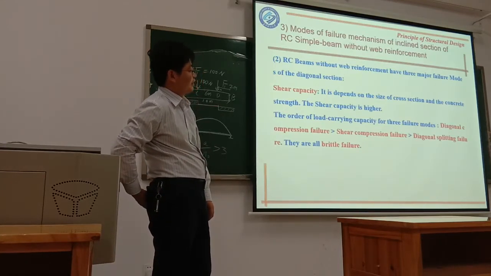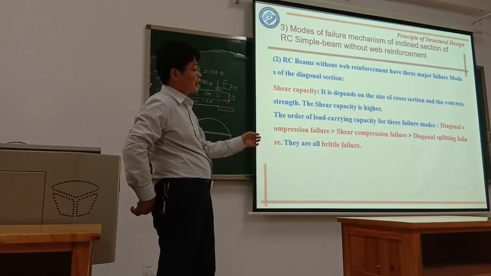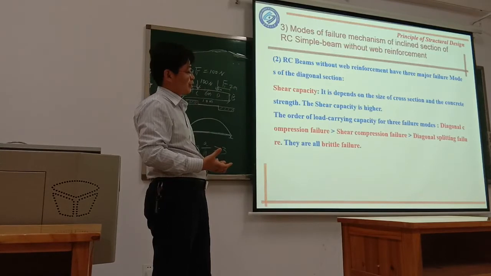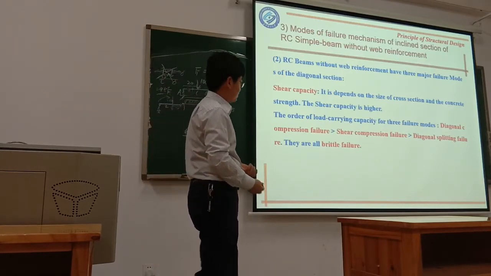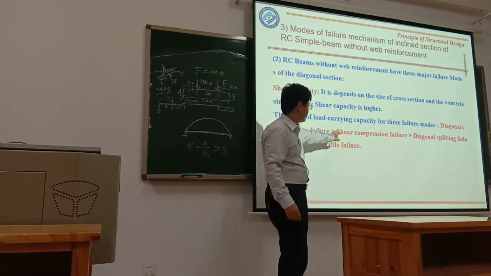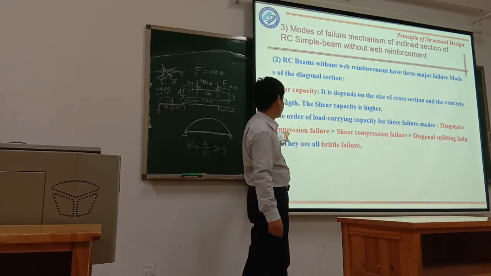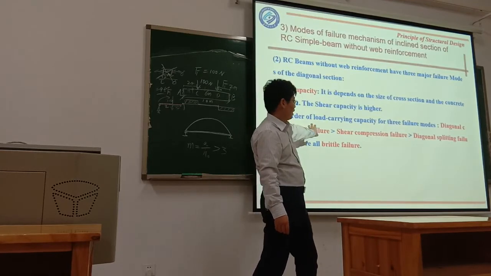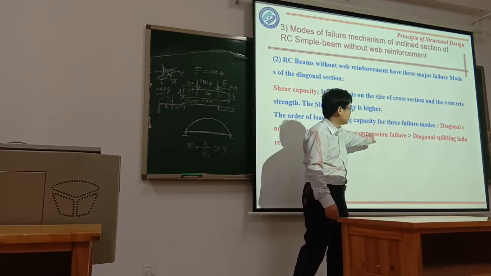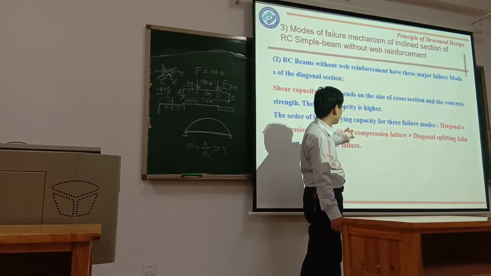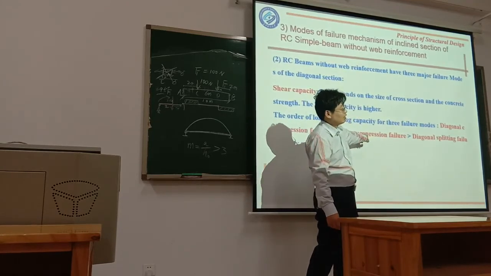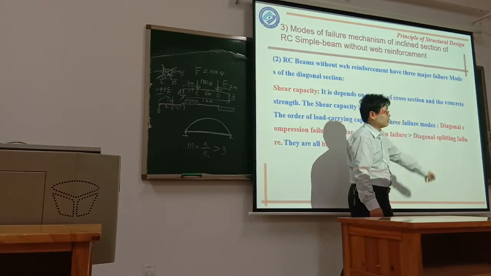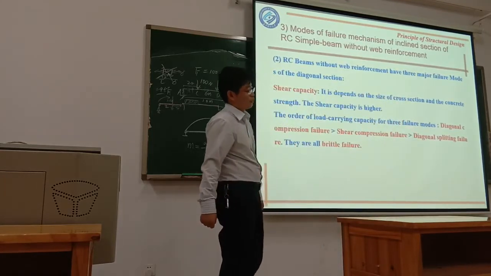Because the last one is mainly based on the compressive stress of the concrete, the diagonal compression failure has the largest loading capacity. And the middle one, shear compression failure, involves not only shear but also compression. And the first one, splitting, is based on the tensile strength of the concrete.